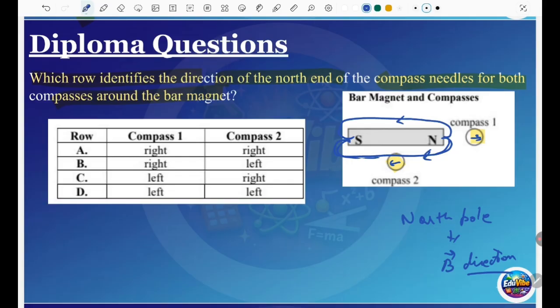So this goes to the right, and this is your right direction and this is your left direction. So right and left is option B.